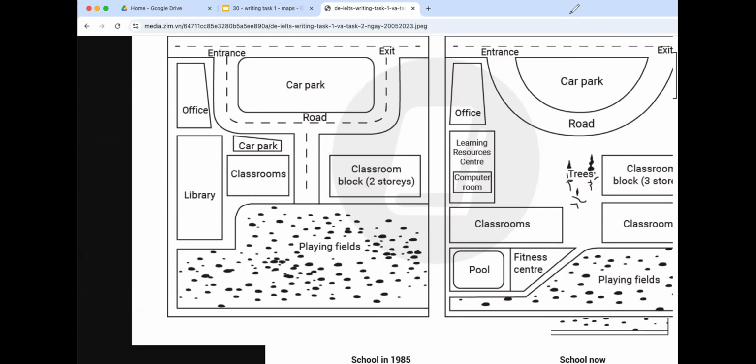Just look from top to bottom or from left to right. Okay, for example, we have more trees. Now there are more trees. Okay, anything else you notice from the maps?